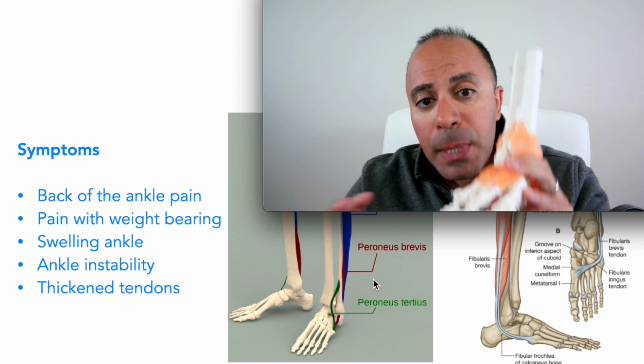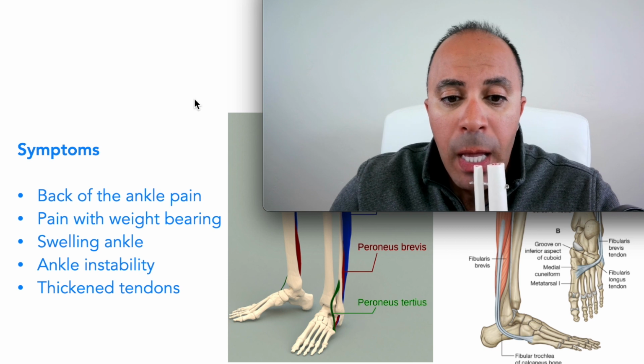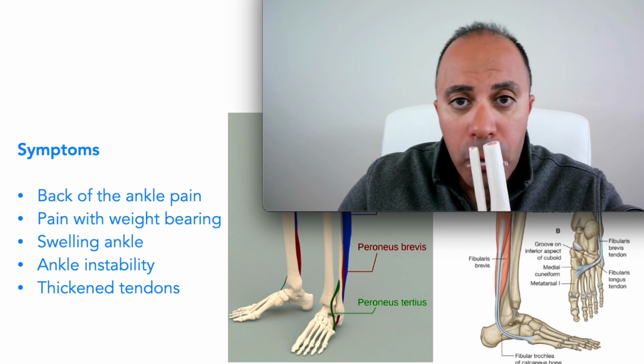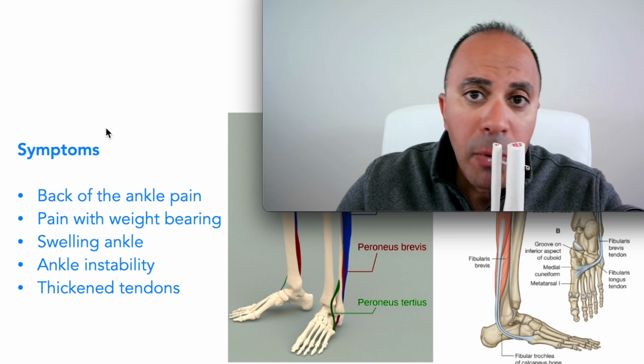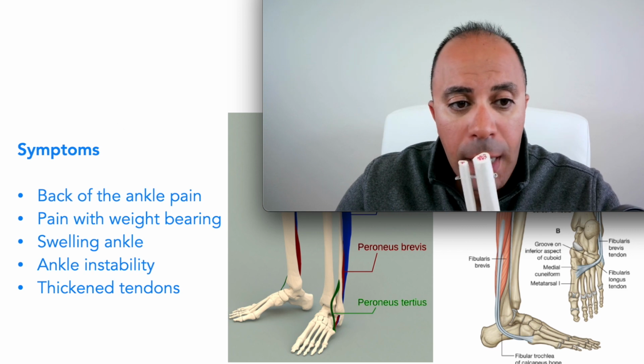These are very common symptoms. Usually your pain increases with weight bearing, when you put weight on your foot. Some patients could experience some pain in the back of their leg, foot, and ankle.